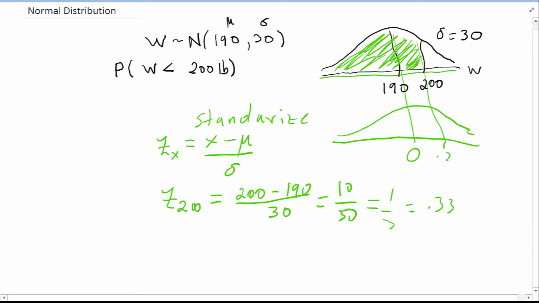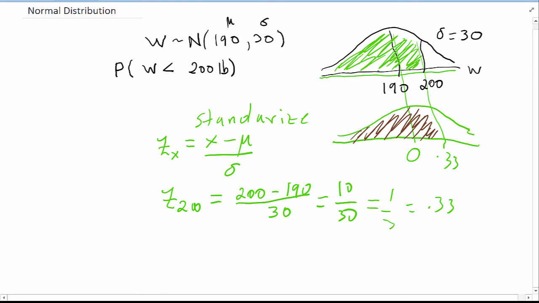And remember that what we're after is this area right here. Now what the theory says is that this area is the same as the area below z equals 0.33. In other words, if you get a data set that is normally distributed and you standardize it, we only need to take the z-scores of the values of interest. Then the area below the z-score of 200 and the area that we're looking for are the same.